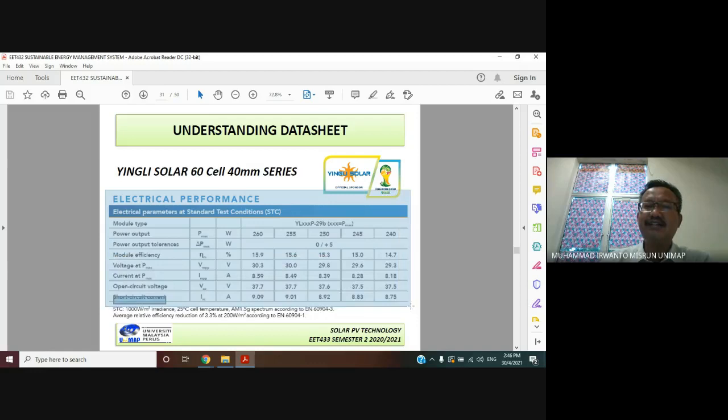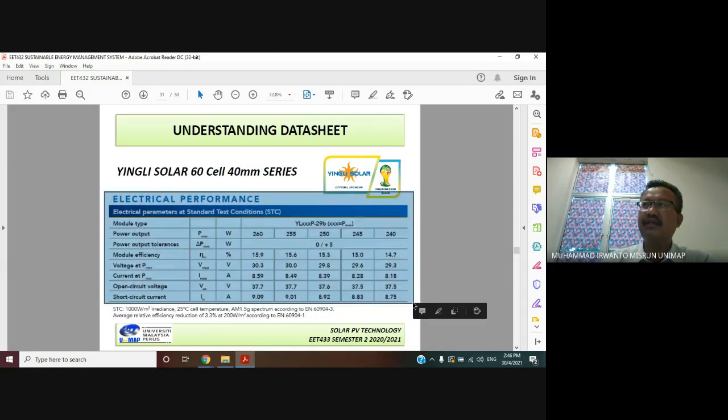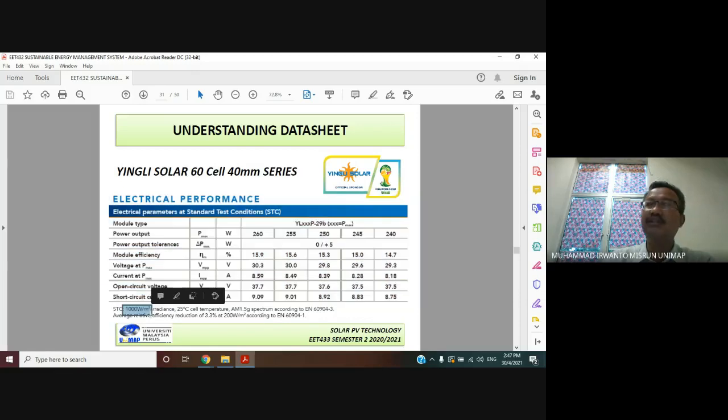This datasheet is given in the STC, standard test condition, meaning these values are obtained for a solar irradiance of 1000 watt per meter squared and a temperature of 25 degrees Celsius.